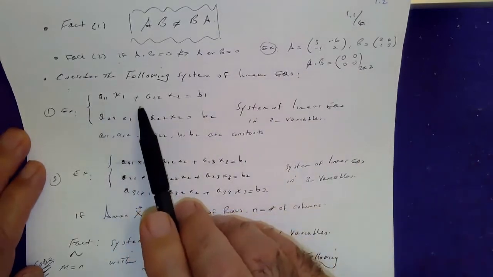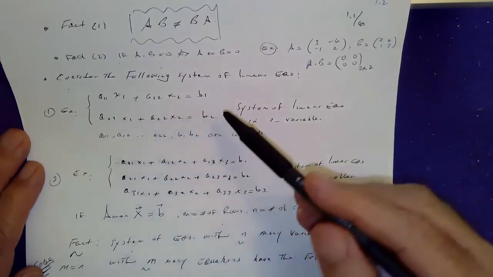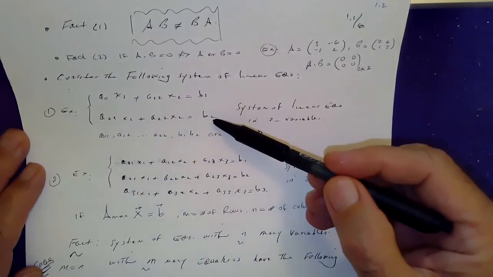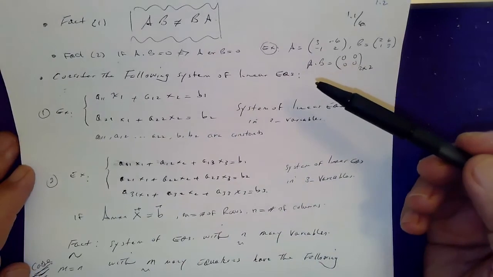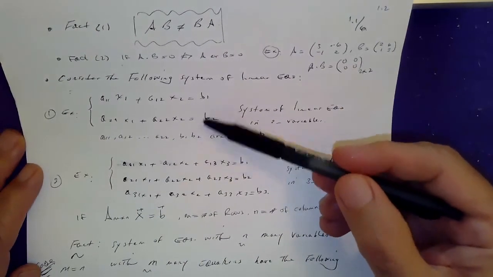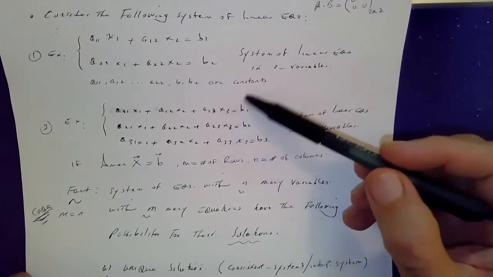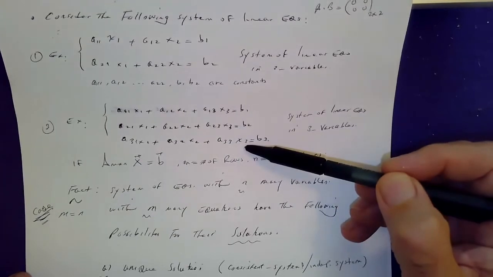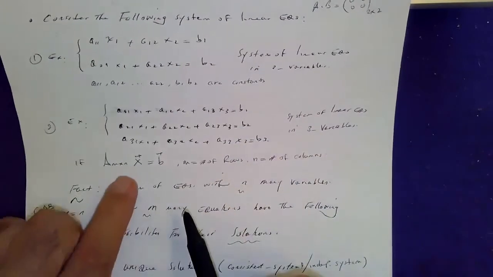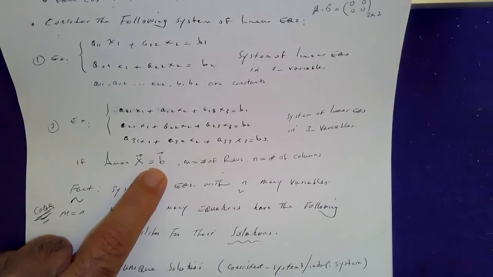And all these coefficients, A11, A12, A21, A22, including B1 and B2, they're constants. So this would be a system of two equations, two variables, just like algebra classes. This guy has three equations, three variables. But remember, I can write it in vector notation, A times X equals B vector, correct?